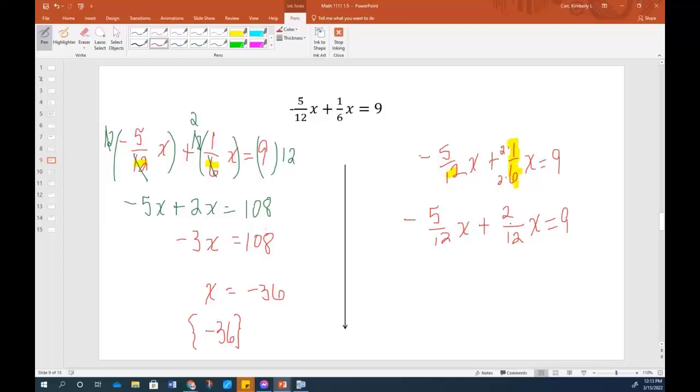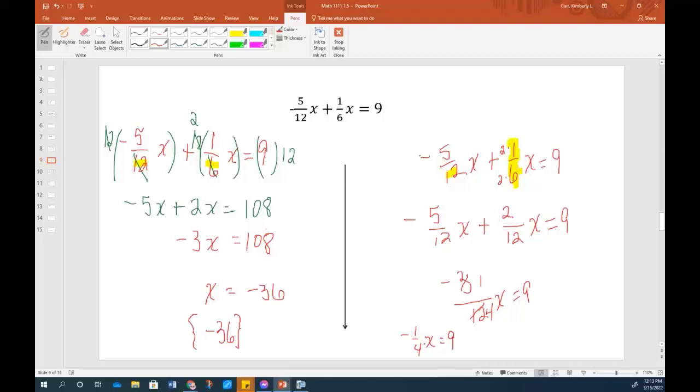And then as I go from left to right here, combine my like terms. Since they have a common denominator, you just combine the numerators. The negative 5 plus 2 is negative 3, and that's over 12x equals 9. I could reduce this so that it becomes negative 1/4x equals 9.